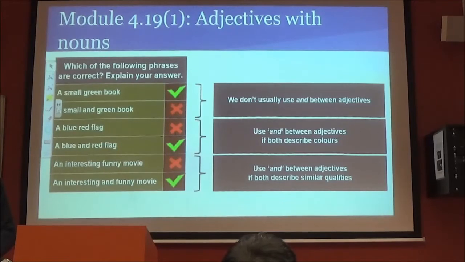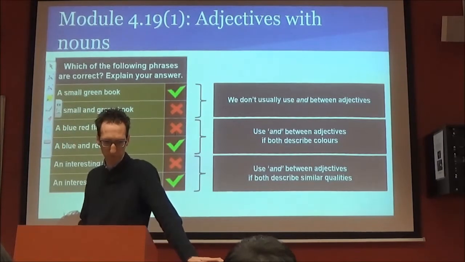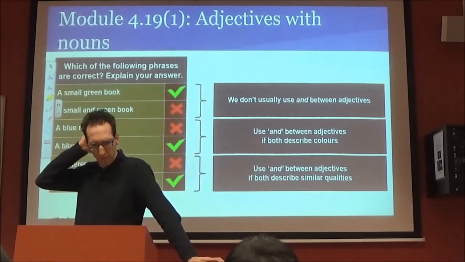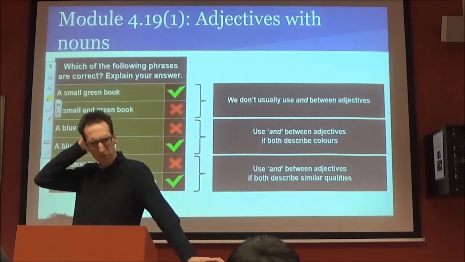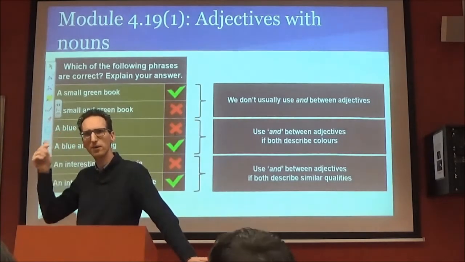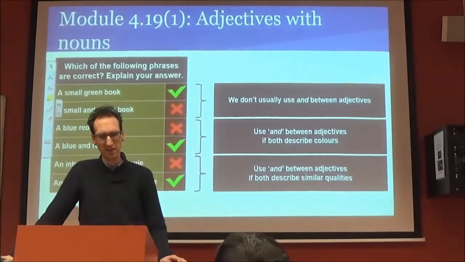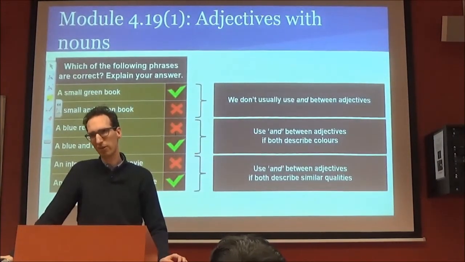Personal opinion, or how appealing it is, yeah. Then we use and. Even if you didn't know the rule, you should somehow have a feeling that interesting funny movie is incorrect.